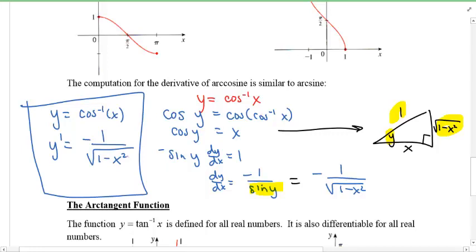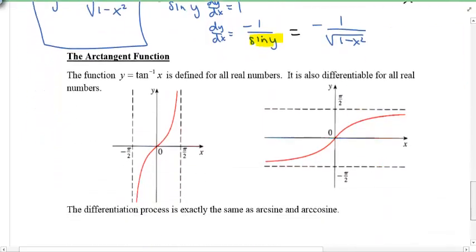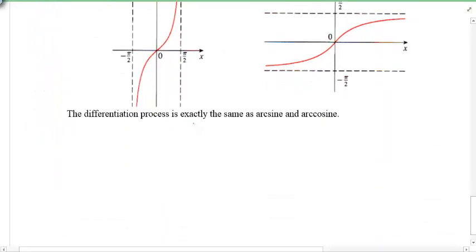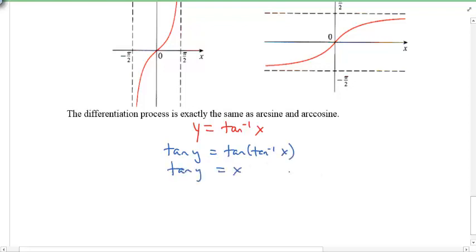And then finally, our tangent. Same business. You should try it on your own. This time I'll draw out my triangle first.